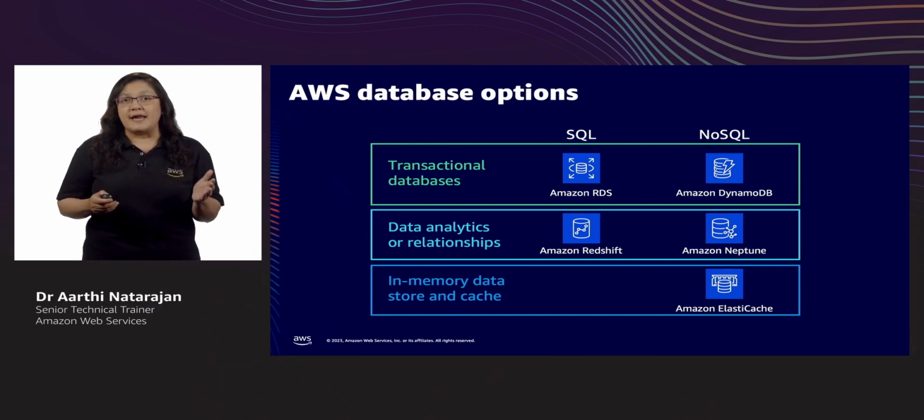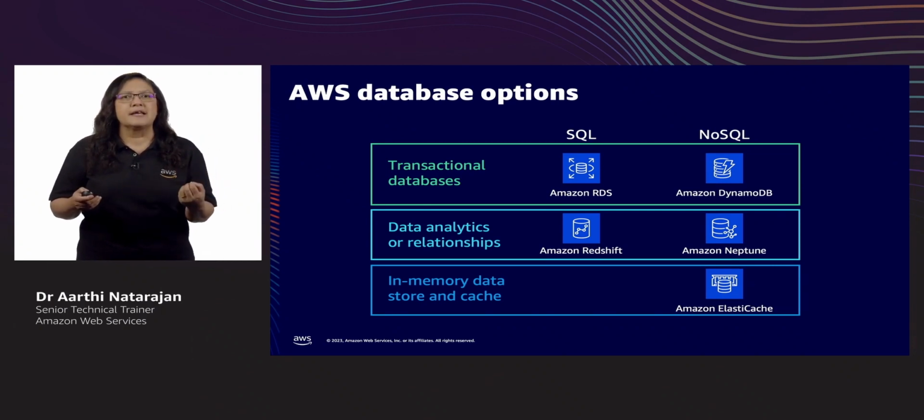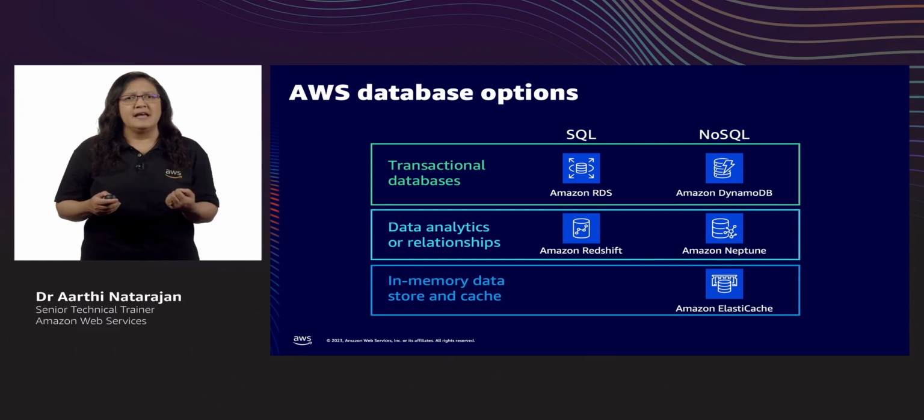SQL databases are great when needing to join tables, needing to perform complex analytical queries, or to have flexible yet complex querying. Maybe you know what your data looks like, but you don't know how you want to query it. NoSQL databases, on the other hand, can be extremely fast and provide low latency responses. They support flexible, ad hoc data structures and can scale differently to traditional SQL-based databases.